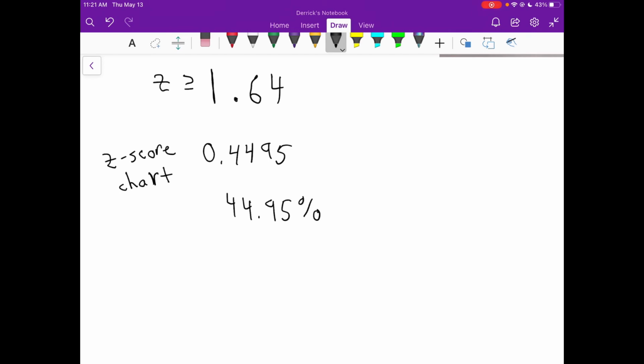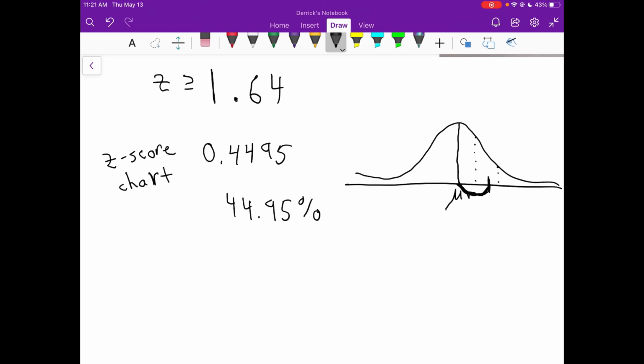If you think graphically, visually, about what this is asking you to do, you've got a normal distribution. Here's your mean. 1.64 is somewhere between the first and second standard deviation, so right about there, we'll say. The 44.95% is this portion right here.